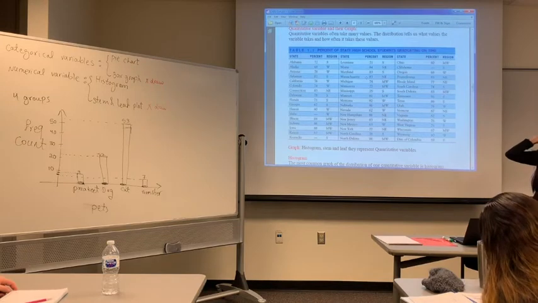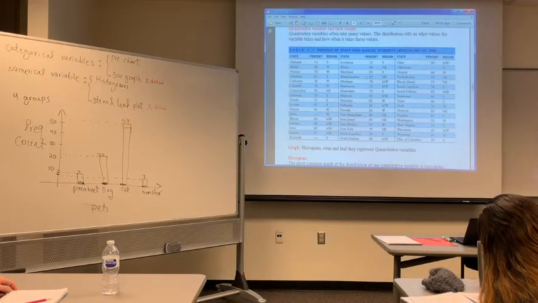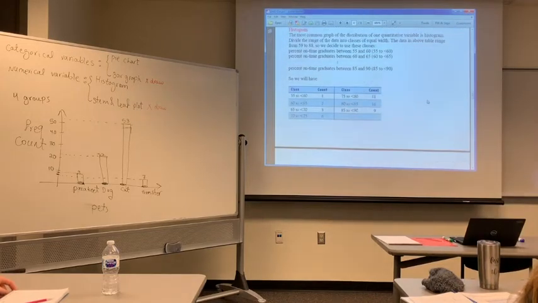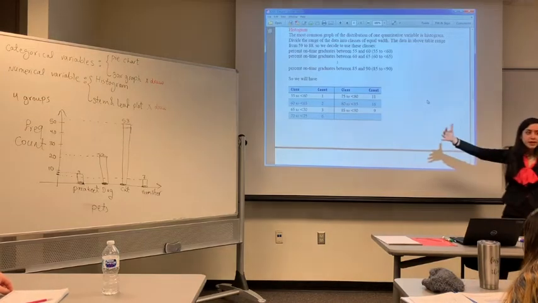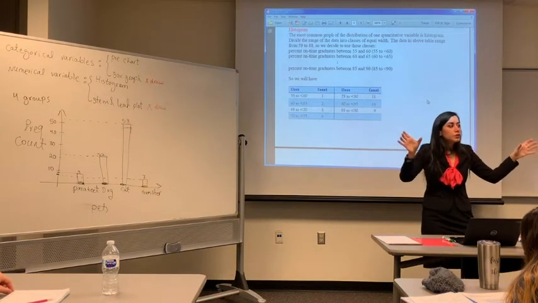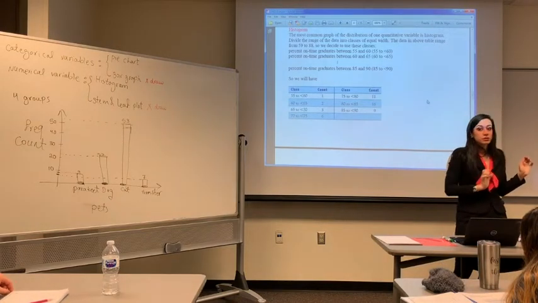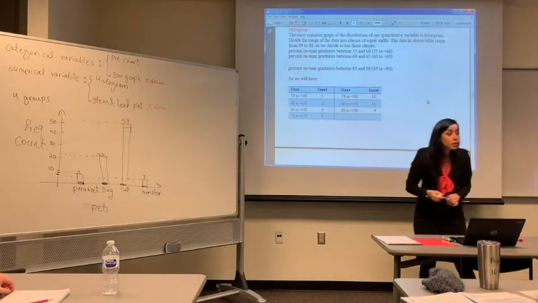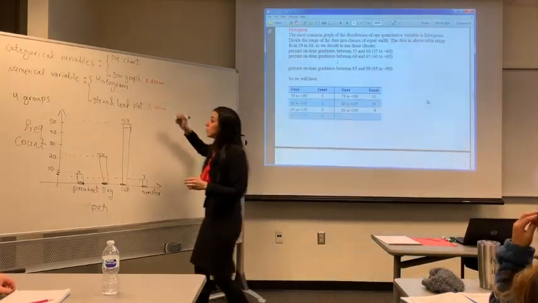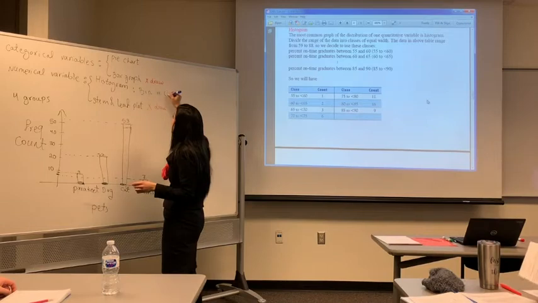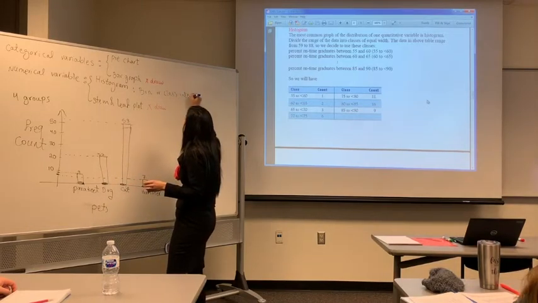Okay? So for histogram, there are some specific rules. You should always be careful about that. We are going to divide this range we have, from minimum to maximum, into some class intervals. We call that a bin, B-I-N. So they are not bars, they are class intervals. So here we have B-I-N, or we call them class intervals.